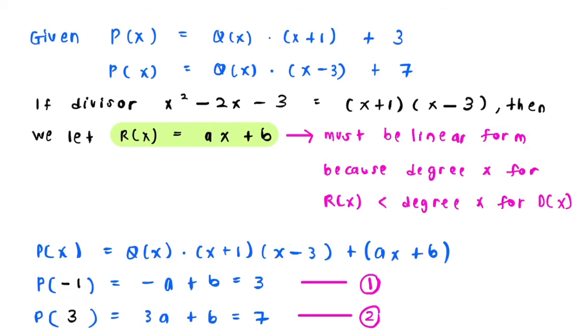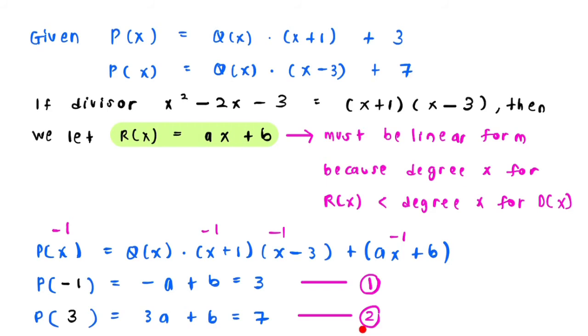So when you substitute negative 1 into this equation, what happens? If you notice here, negative 1 plus 1 is equal to 0, right? So all these terms will be 0, leaving only the remainder part. Negative 1 times a is negative a, plus b. So you have negative a plus b equal to 3, the first remainder.